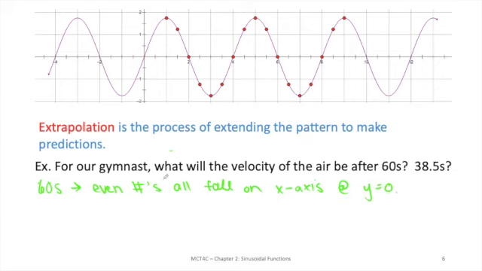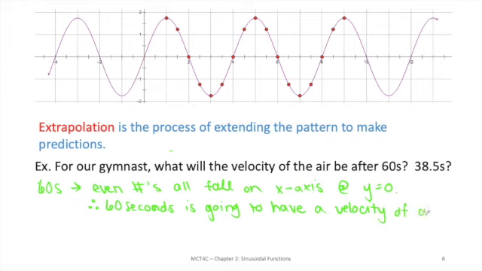So you know that 60 seconds is going to have a velocity of air of 0 liters per second, right? Just like from extending that graph, knowing all the even numbers are on that, okay?